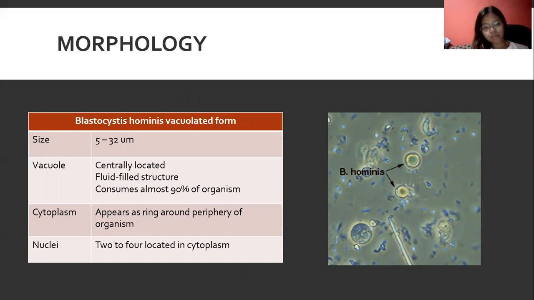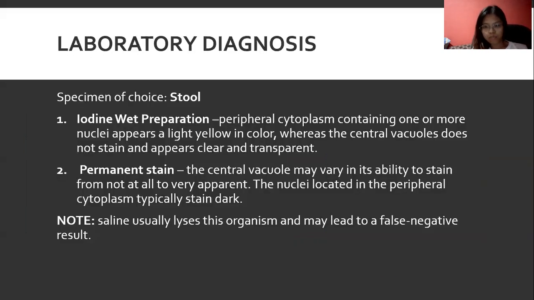The vacuole, which is centrally located, is a fluid-filled structure that occupies almost 90% of the organism, while the cytoplasm appears as a ring around the periphery of the organism, and the nuclei, usually 2 to 4, are located in the cytoplasm.